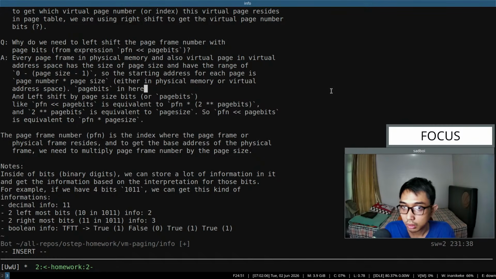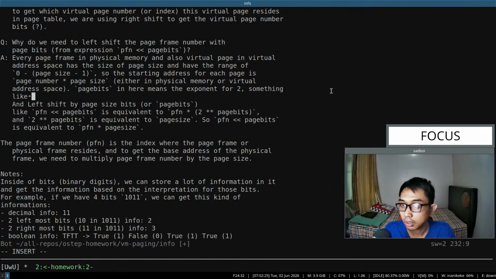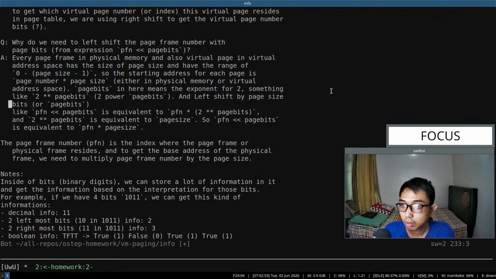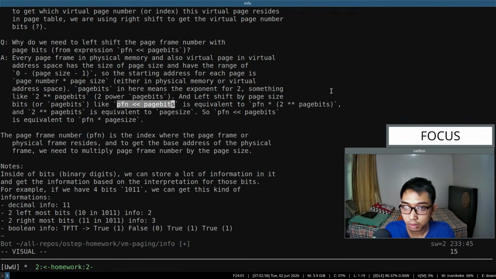Page shift in here means the exponent for 2, something like 2 power page shift, and left shift by the page shift is equivalent to this one.